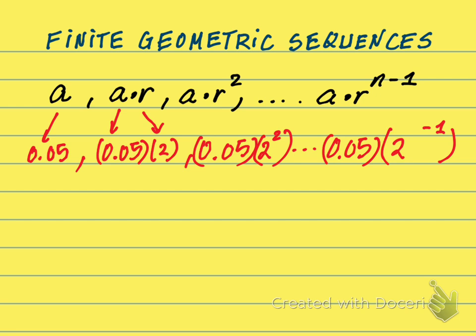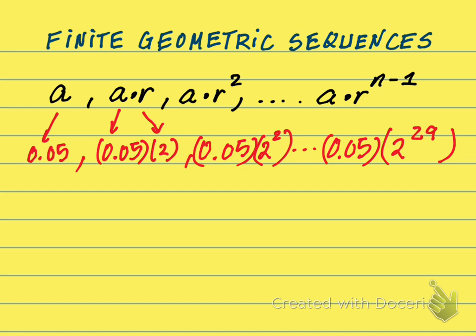If there are 30 terms in the sequence, then you can replace n by 30 and simplify it to be 0.05 times 2 to the 29th as the last term of the sequence.